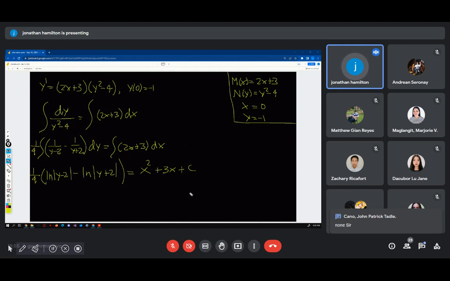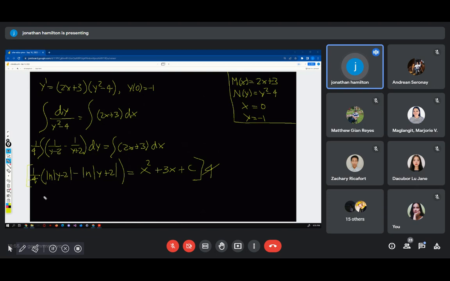So since we have 1/4 ln y minus 2 minus ln y plus 2 is equal to x squared plus 3x plus c, let us try to simplify the equation. Since we have 1/4 here, we could multiply both sides by 4. So we have 4 and 4.